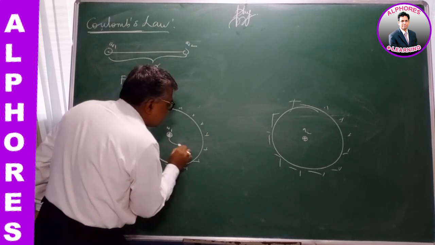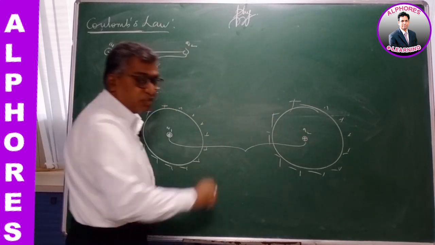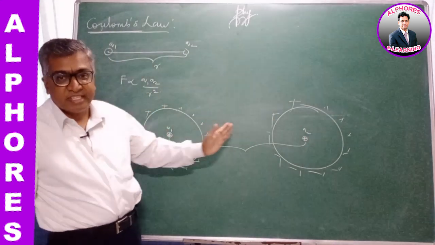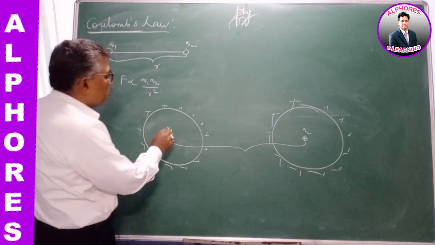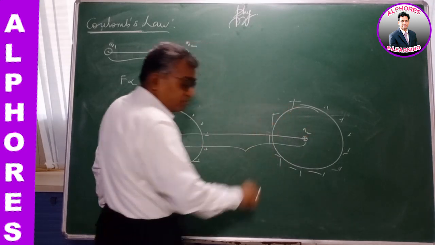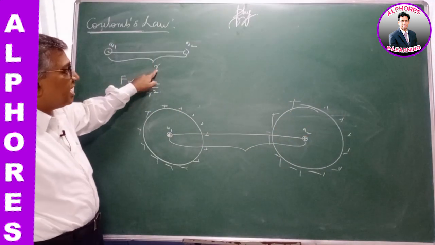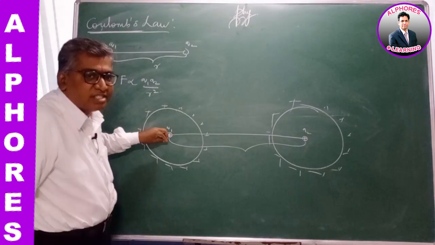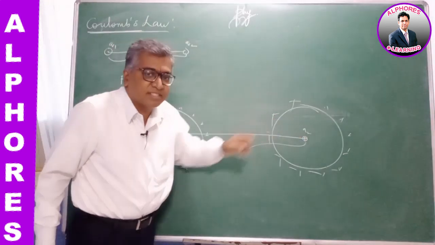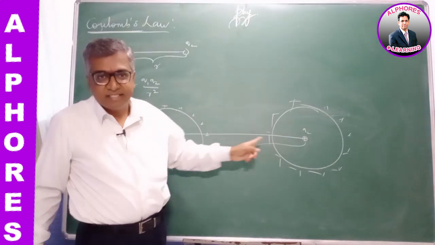The distance you have to consider is the distance between the centers, along the line joining the centers. The distance r is the distance between the point where one charge is concentrated and the point where the other charge is concentrated.